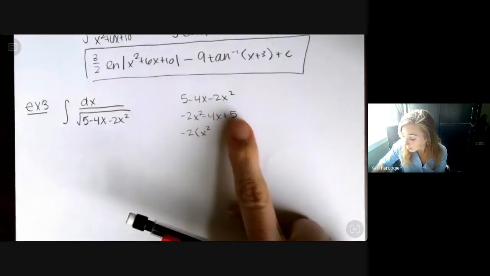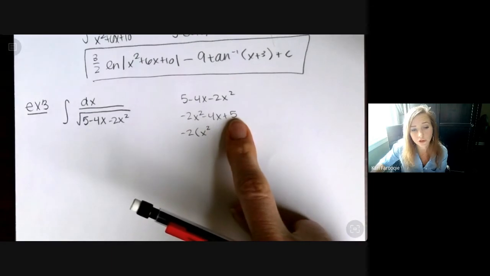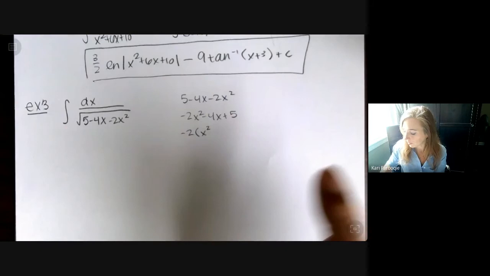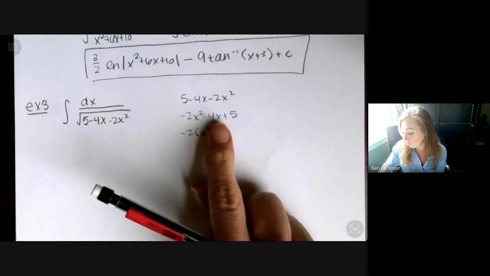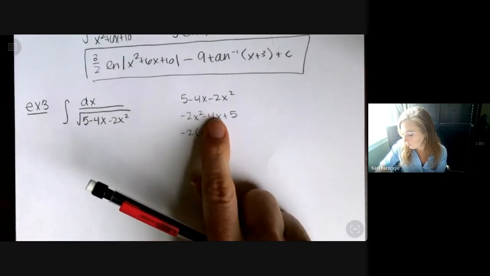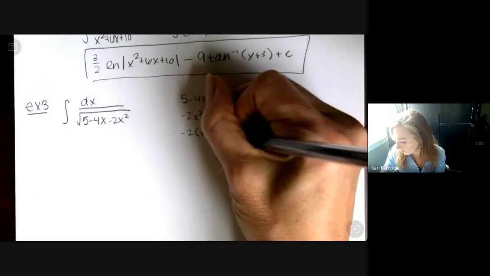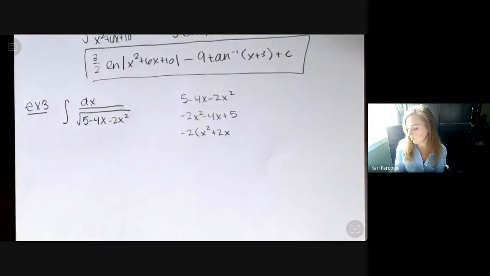But you're not going to factor it out of the constant term. You're going to leave the constant term alone. And you're not going to forget that when you factor a negative out of a value, you're going to change its sign. Remember, when you're factoring, you're dividing. So negative 4x divided by negative 2 is positive 2x. And then you're going to double check and make sure you did this correctly.